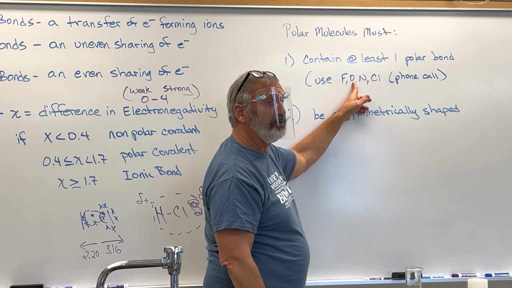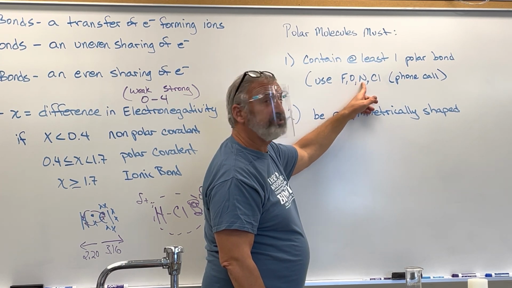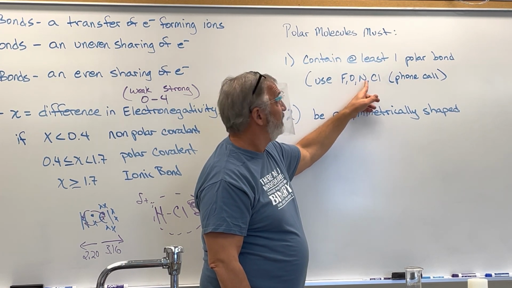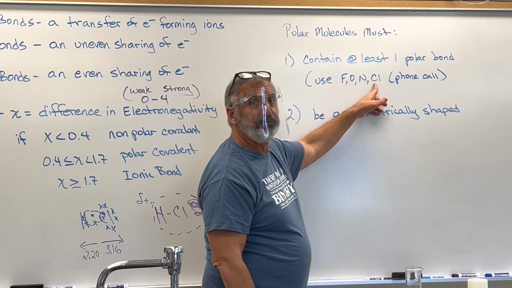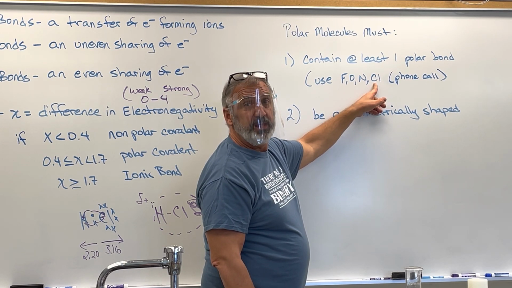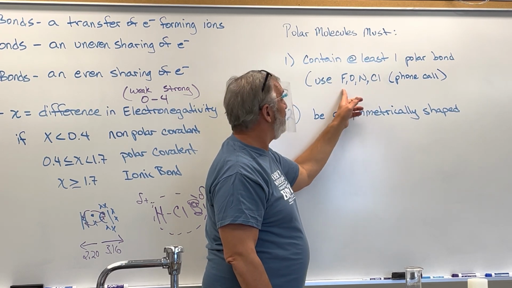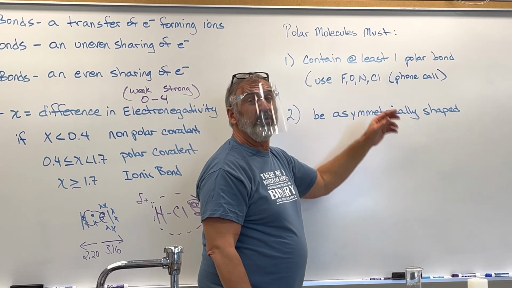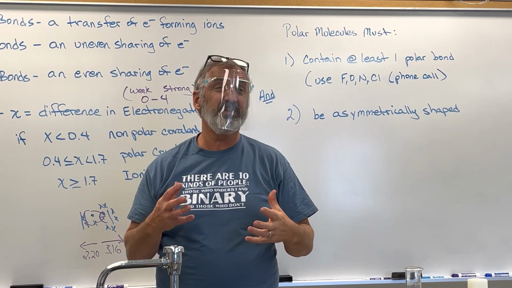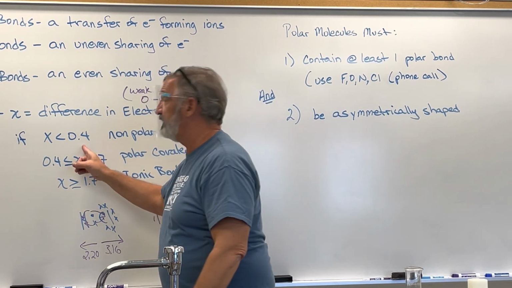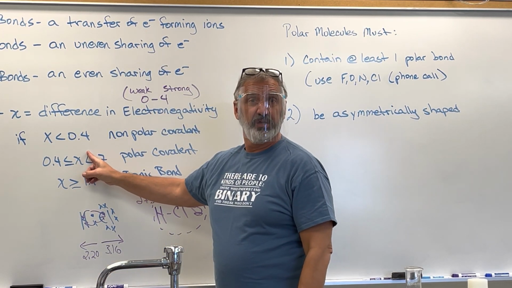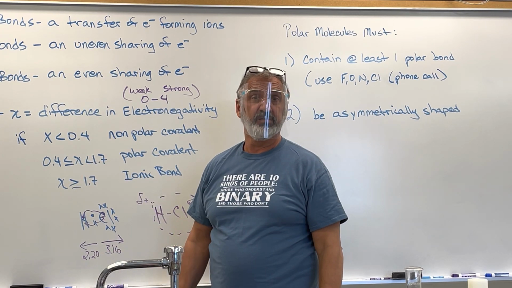Oxygen's number 2 at 3.44. Nitrogen's number 3 at 3.16. Chlorine is 3.04. Okay? These are the only ones that are above 3. If one of these is involved in the bond, pretty much you can be guaranteed the difference in electronegativity is going to be greater than 0.4, and it's going to be a polar bond.